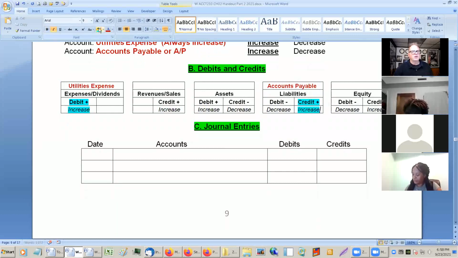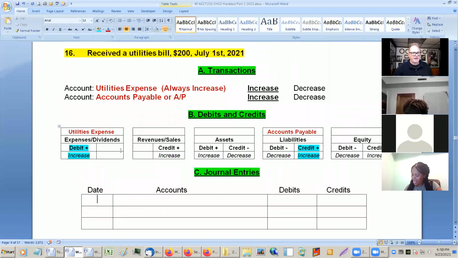You already knew it was going to be a credit because we got a debit. You get the debit, you get the credit.